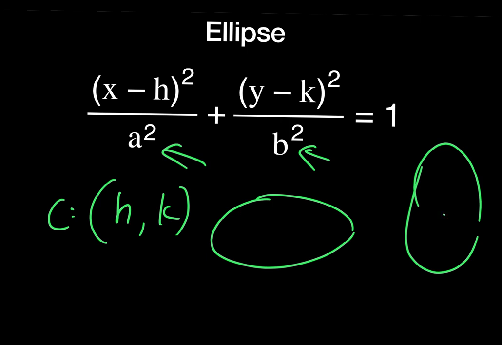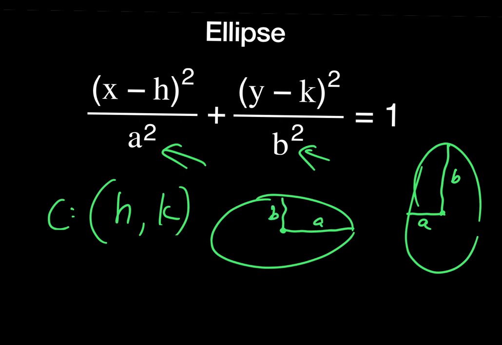And this length from the center to here is b, because that's the direction in the y. See, there's the b squared. So if I square root that, that tells me how long it is that way. The distance to the left from the center, or to the right, this is a. In this one here, this is also a because it's the one in the x direction.